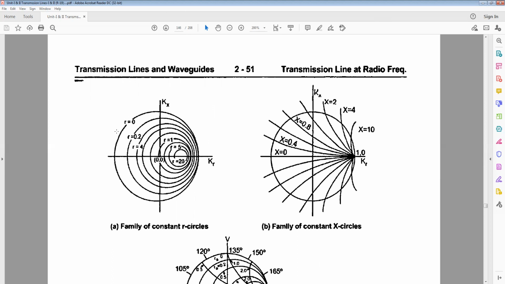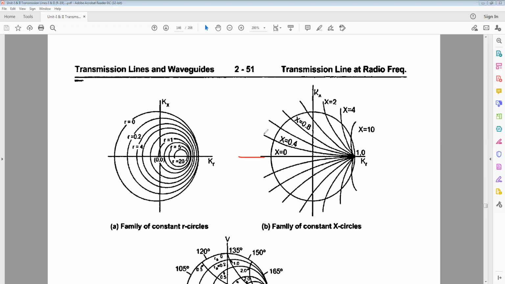The outermost circle is the 0 circle and the value goes on increasing 0.2, 4, and so on, it is an infinite line. Got it? 1, R is 5 and R is 20 and so on. And here the half circles are there, the X circles. The line shown here is X equal to 0.